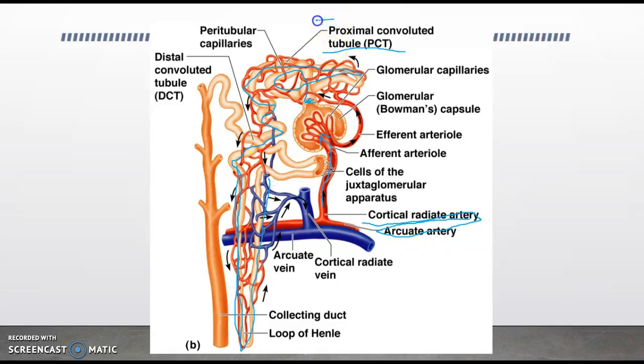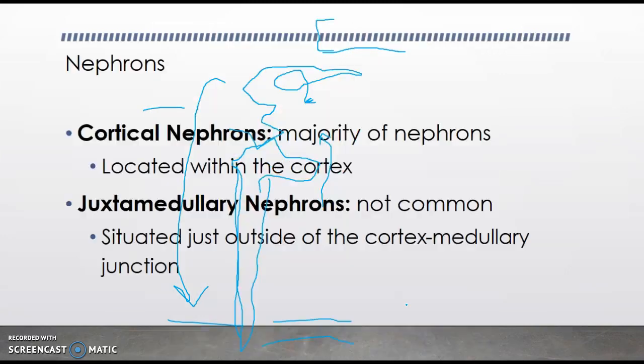Then the solutes are going to travel up into what we call the distal convoluted tubule. And by the time it gets here, pretty much everything that we want to become urine is going to be urine, and it's going to head into this collecting duct. So by the time we get here, it's considered urine.